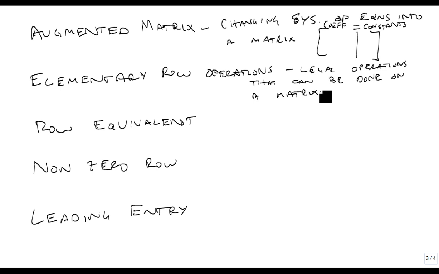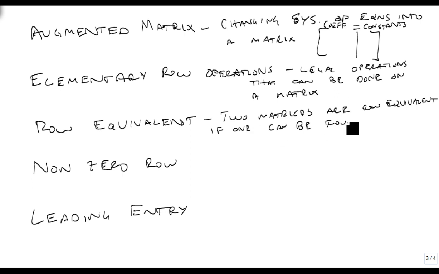Now we say that 2 matrices are row equivalent if one can be found from another using the elementary row operations.